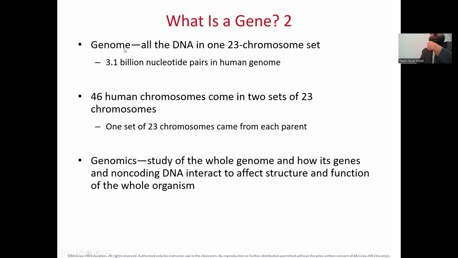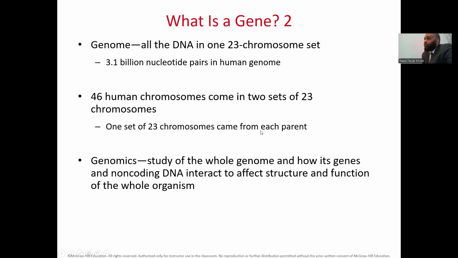So the genome represents all the DNA in one 23 chromosome set. There are 3.1 billion nucleotide pairs in the human genome. 46 human chromosomes come in two sets of 23 chromosomes. One set of 23 chromosomes came from each parent, and we discussed that.